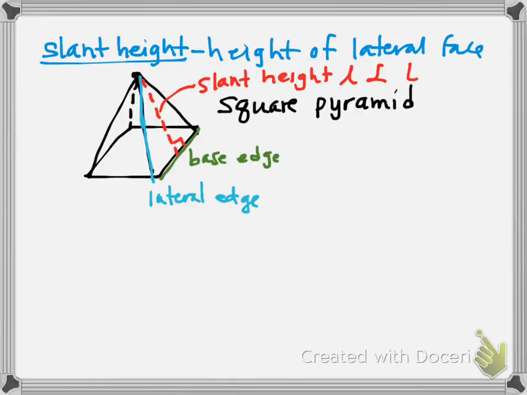And then let's see. Oh, we've got the center here, and if I drop a line down from the vertex to that center, that is the height of the prism, or excuse me, of the pyramid.